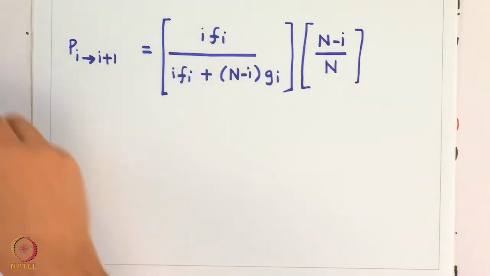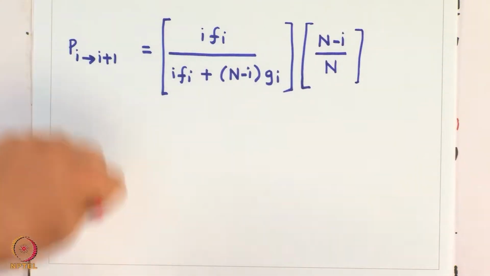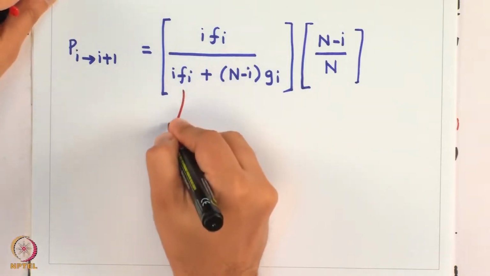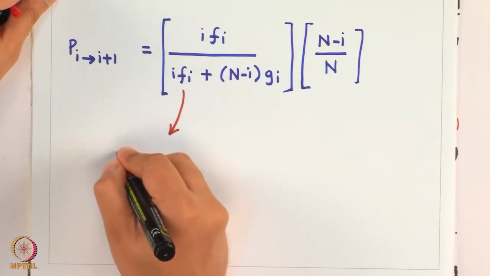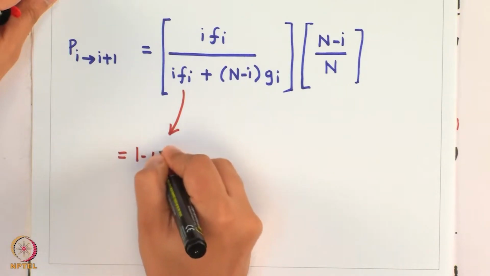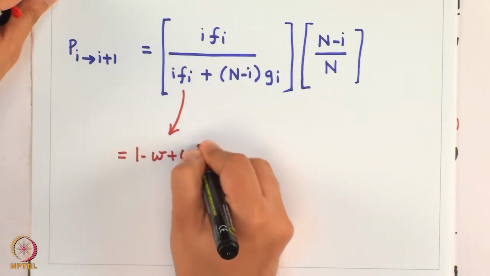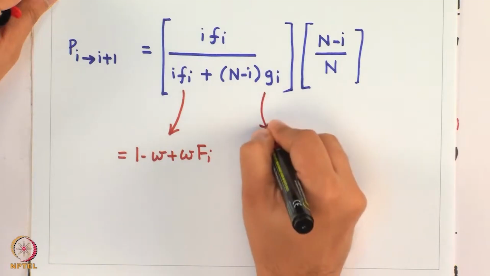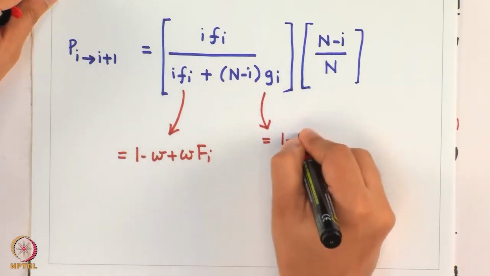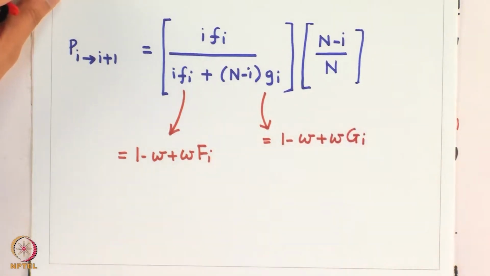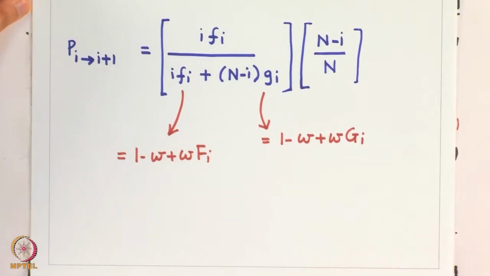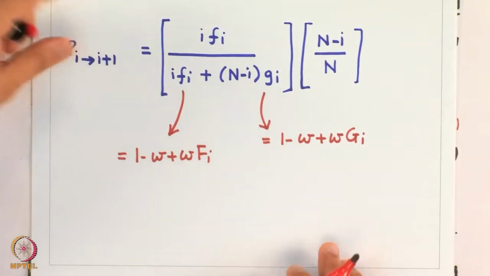The F and G variables do not come directly from the payoff matrix elements, but are a function of the payoff: Fi is equal to 1 minus omega plus omega fi, and Gi is similarly equal to 1 minus omega plus omega gi. The value of omega dictates how strongly or weakly the payoff is linked with the fitness of these variables.